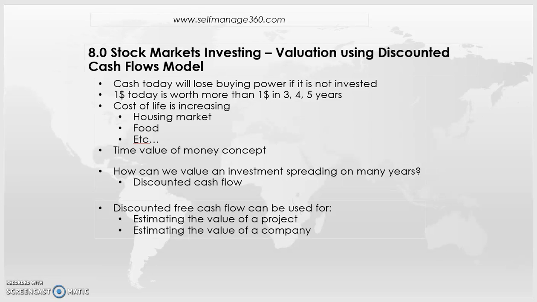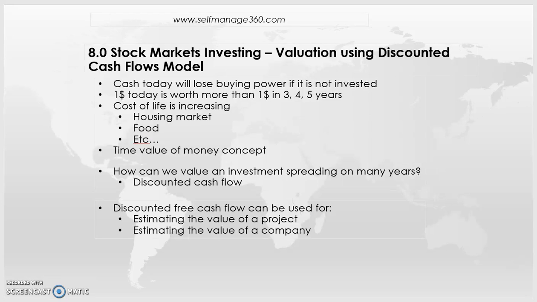So if we try to evaluate the company based on future profits, we need to take into account that profits that will be obtained 5 years from now will not have the same value as profits we can obtain today or tomorrow.